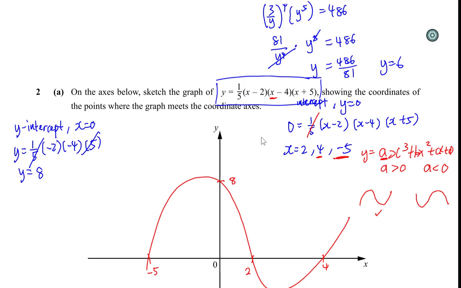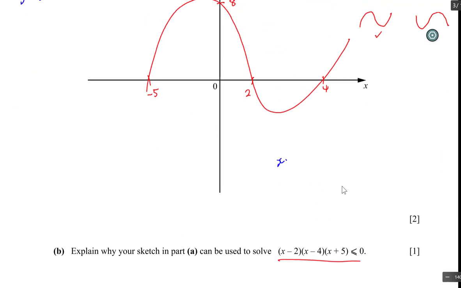Okay, what's the meaning of x-axis is invariant? Because in order to solve this inequality, what you need to understand is what your x-intercept is, because you need to use the x-intercept to actually solve it.